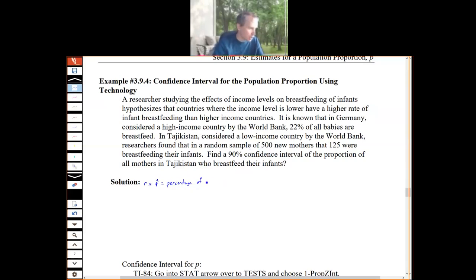So this is the percentage of the 500 mothers that we sampled. The parameter p is the percentage of all mothers in Tajikistan that breastfeed.